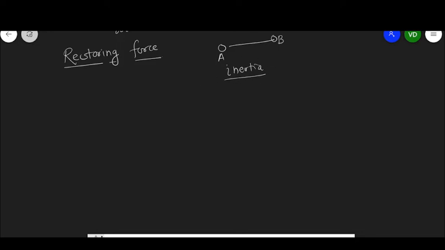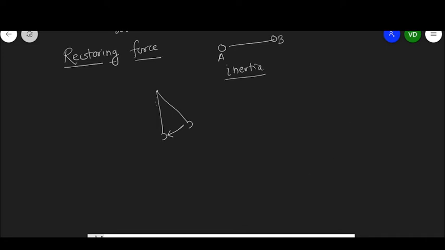Now because of this inertia, we will have the restoring force. So for example, if you are talking about the swing, then the swing will try to come to its original position because of inertia. Now when it reaches the mid position, it should stop here. Why does it go in this way? Because now it is in motion, so it will remain in motion. Now you remember Newton's first law of motion.